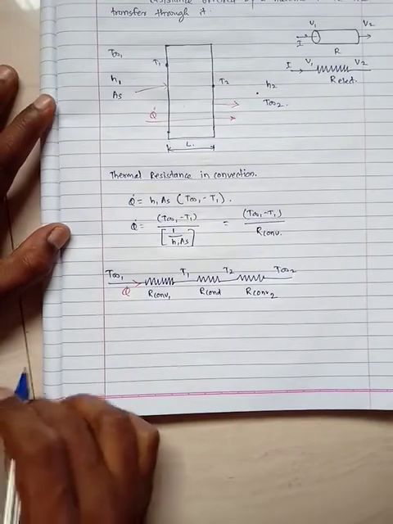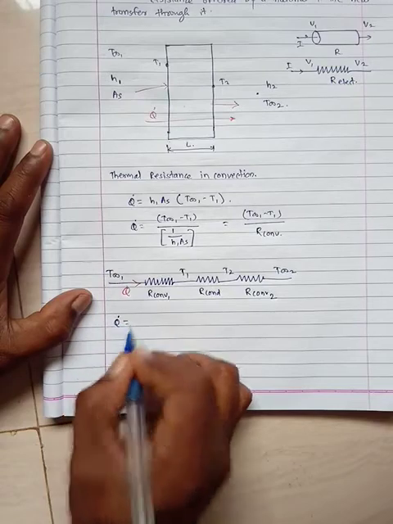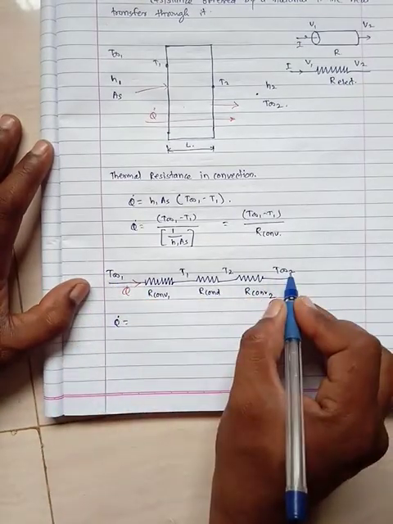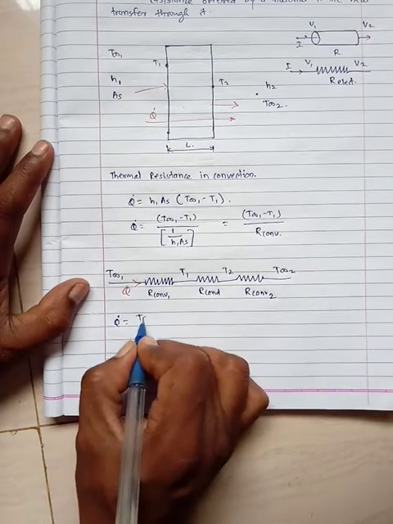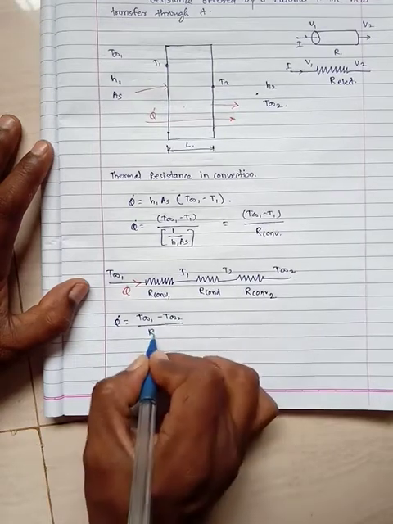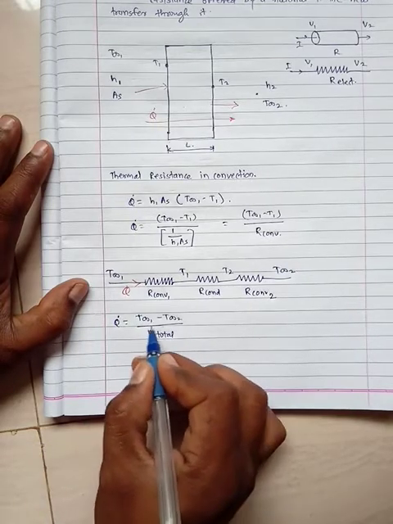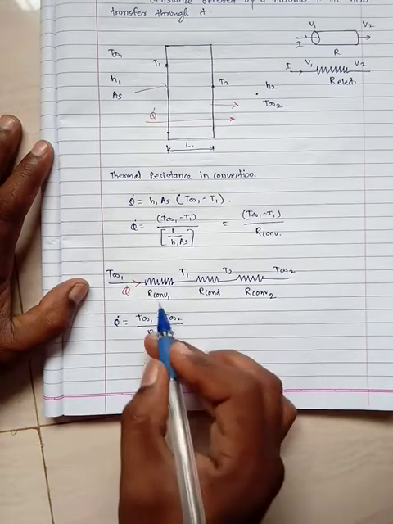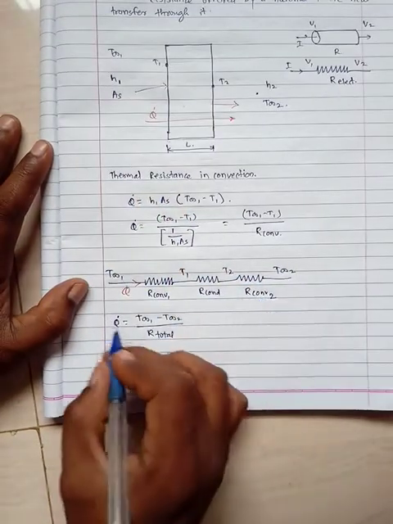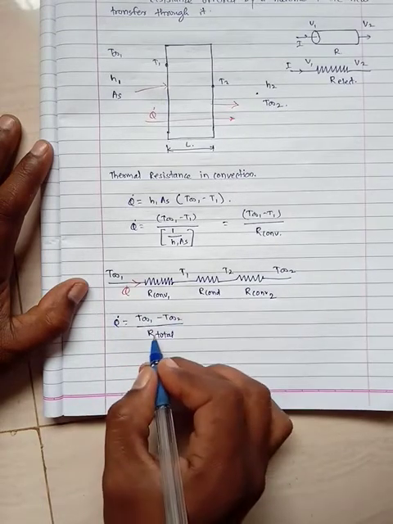According to that, the heat transfer rate Q dot is equal to the total temperature difference, T infinity 1 minus T infinity 2, divided by R total. We consider the total thermal resistance here, because the thermal resistance of this figure is converted into three parts. So the total heat transfer is equal to (T infinity 1 minus T infinity 2) divided by R total.